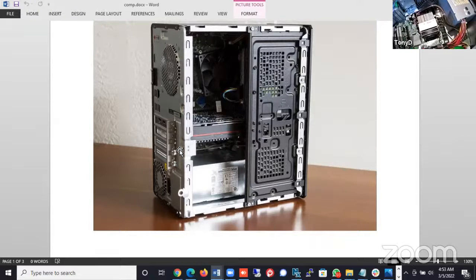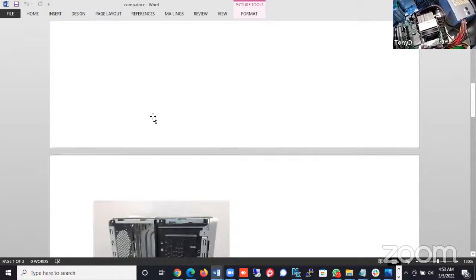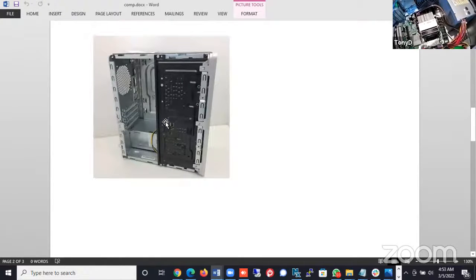And from now, we understand that the CPU is the brain of the computer. So in the case, this is what the case looks like if there's nothing connected.